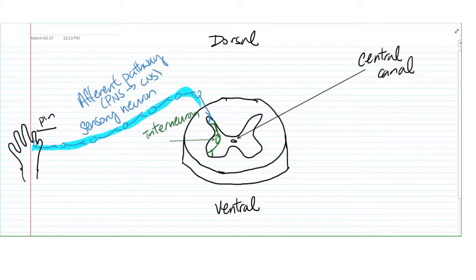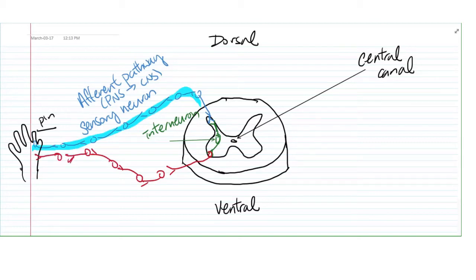The interneuron is going to do integration, or information processing, for you. In this particular case, it is going to realize, for example, that you just touched a sharp object and you should remove your finger from it. So after processing that information in the gray matter, that interneuron is going to send the information out through this motor neuron. Again, just like before, there is not just one motor neuron, but you are going to have many of them.